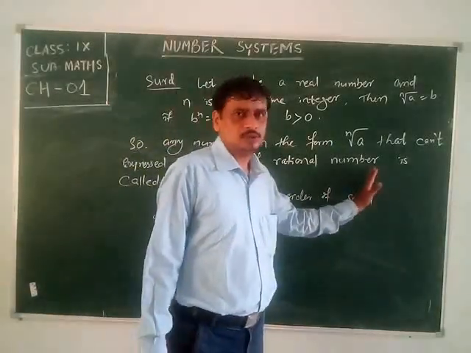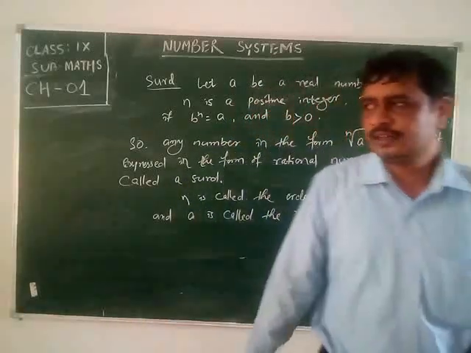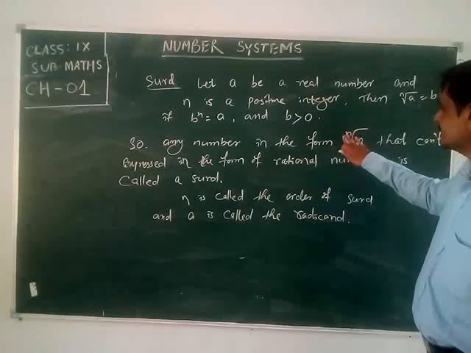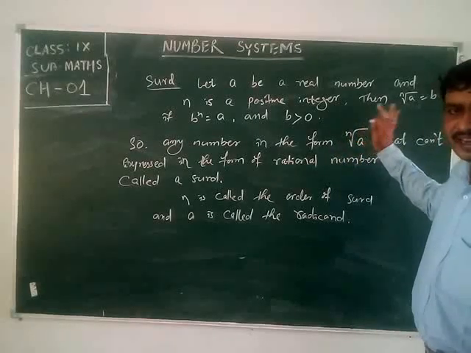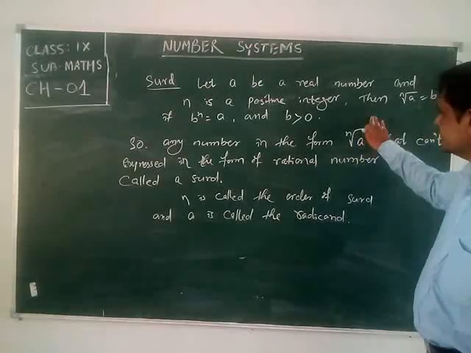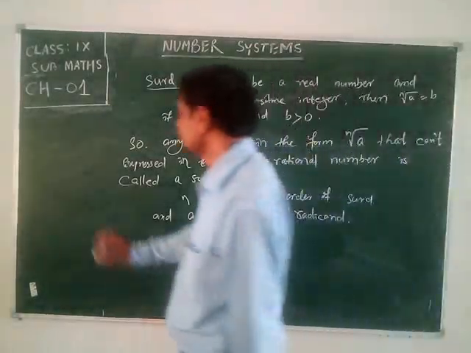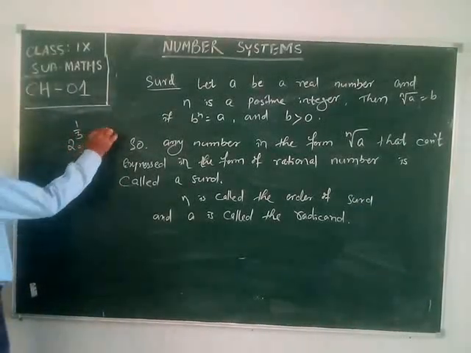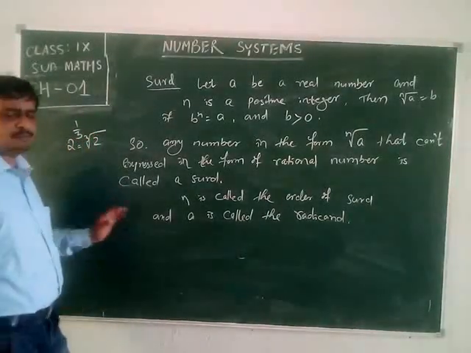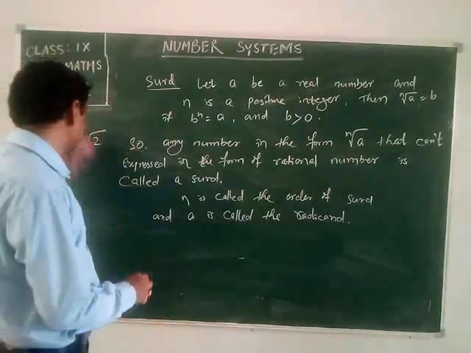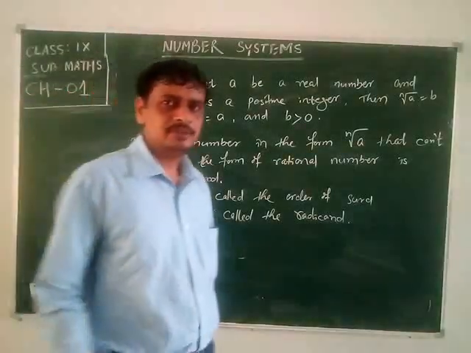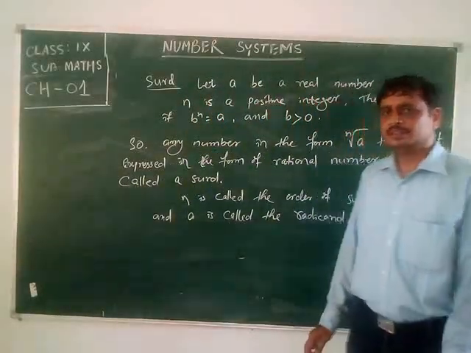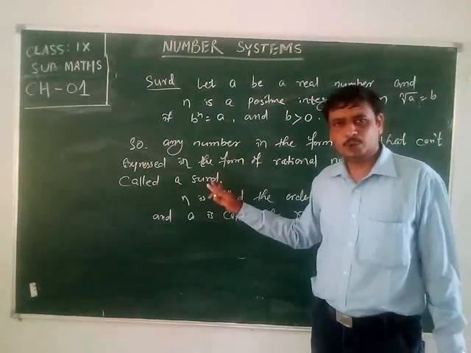Here the power of A is 1 by n, like the power of 2 being 1 by 3. This can be written as the cube root of 2. This type of number which cannot be expressed in the form of a rational number, that means in the form of p by q, is known as a surd.